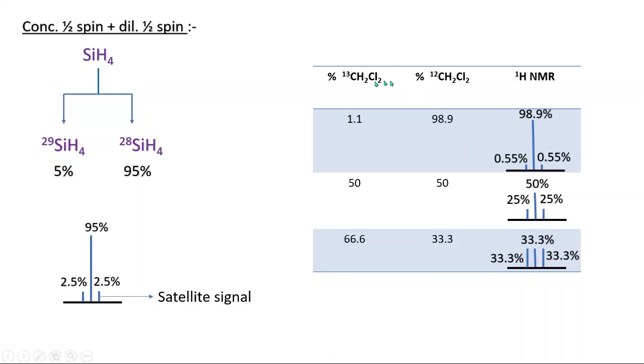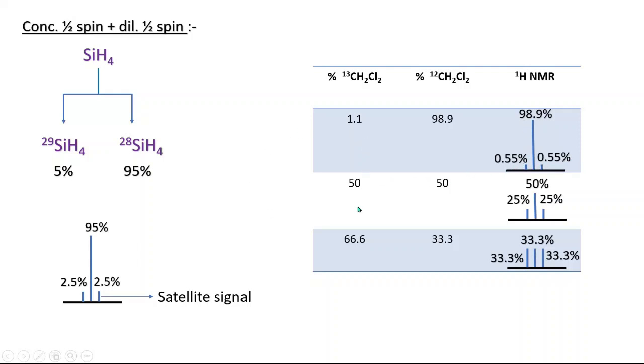Now if you see this molecule, that is 1.1% having carbon 13 as isotope, this is NMR active. So this will split into a doublet because of the 2 hydrogens, a doublet, and the percentage, you simply divide it by 2, and we get 0.55% and 0.55%. So this is the singlet and this is the doublet.